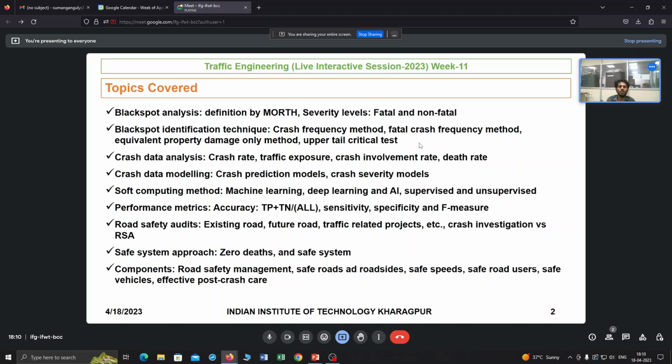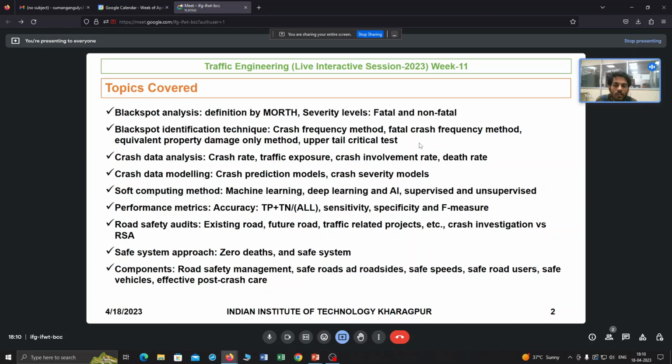Whichever location is exhibiting more crash frequency, you can consider that location as rank 1. So you should prioritize those locations first. So it's black spot number 1 maybe.